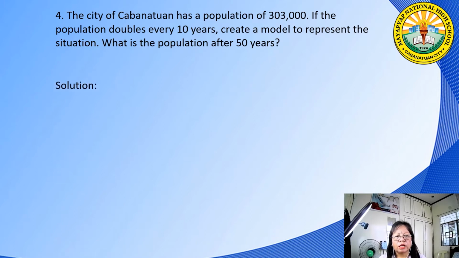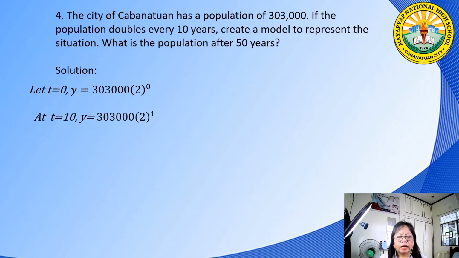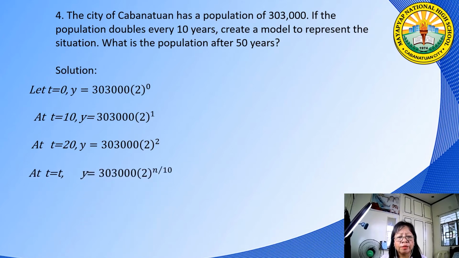So let t equals 0, y equals 303,000 times 2 raised to 0, at t equals 10, y equals 303,000 times 2 raised to the first power, at t equals 20, y equals 303,000 times 2 to the second power, and at t equals t, y equals 303,000 times 2 raised to t over 10.